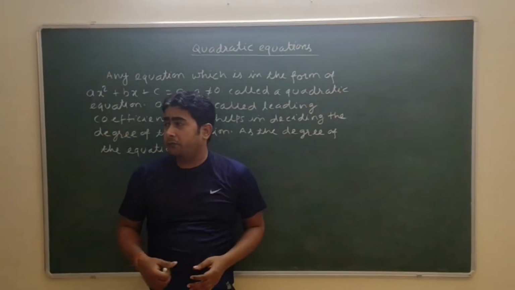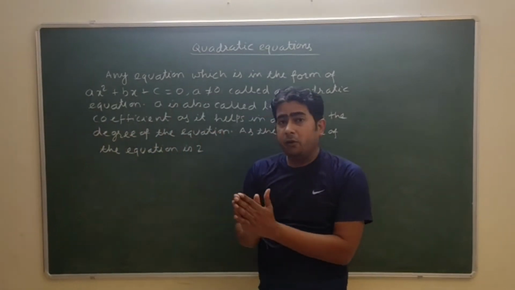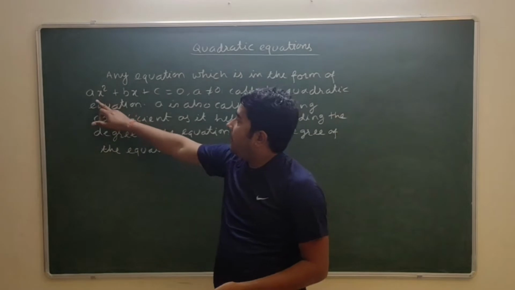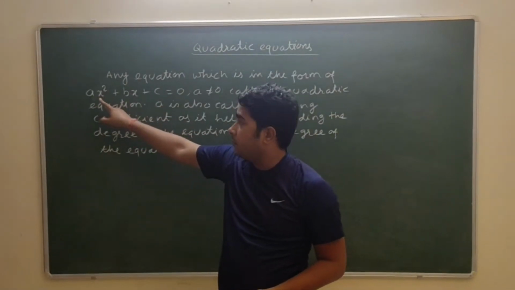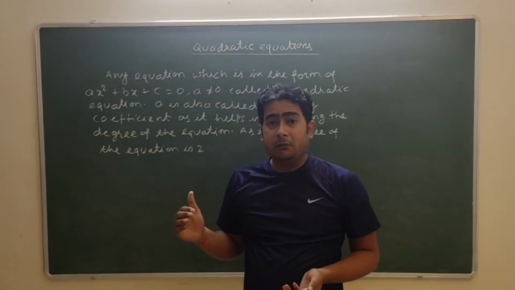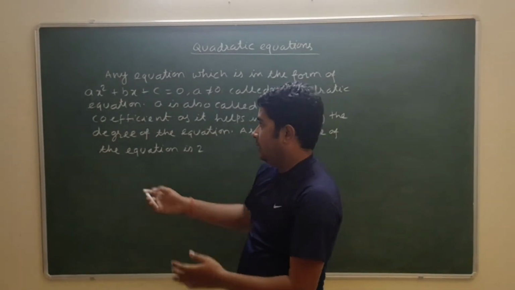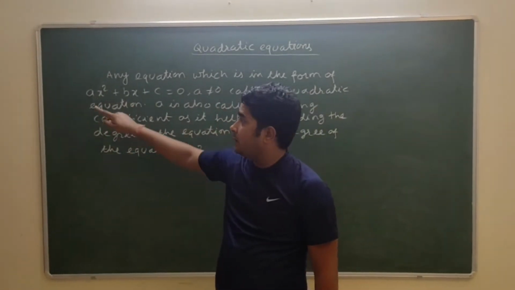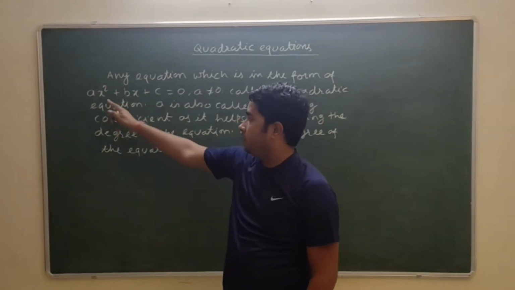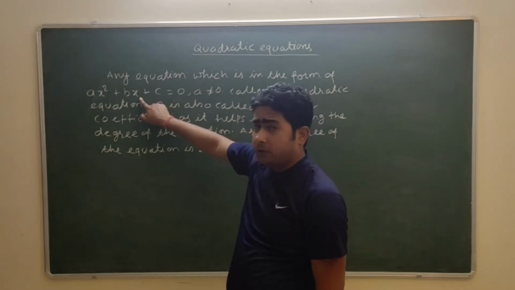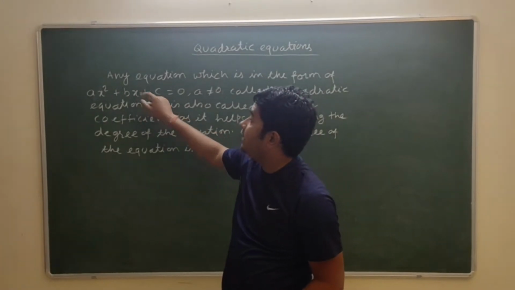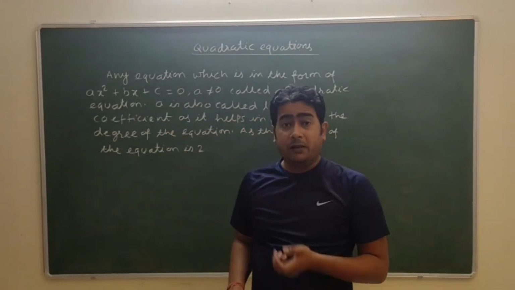Degree is basically the power raised on the variable. The first term has variable x and this x has power 2, therefore the first term has degree 2. The second term also has x, with power 1, therefore this term has degree 1.